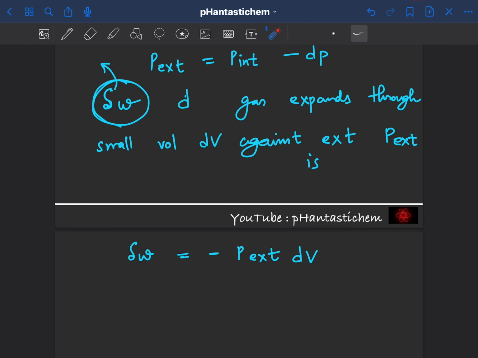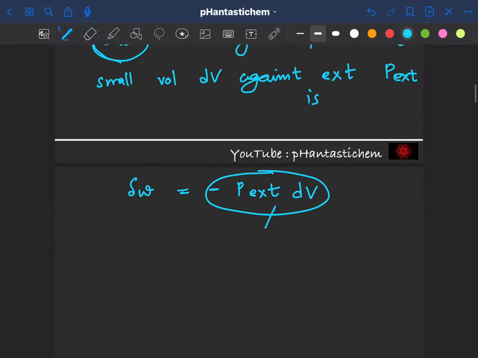So this is the small amount of work done that the gas has done when it expands through a small volume dV against the external pressure P external. And this formula is used for expansion as well as compression. Don't worry about the signs, the formula takes care of itself. So this formula is true for expansion as well as compression.